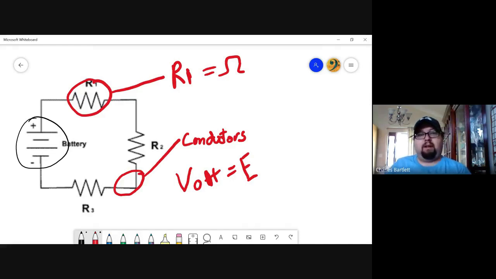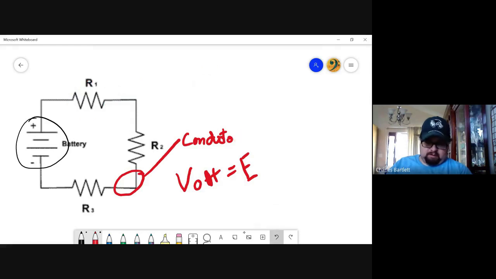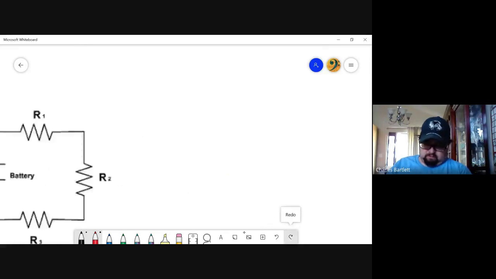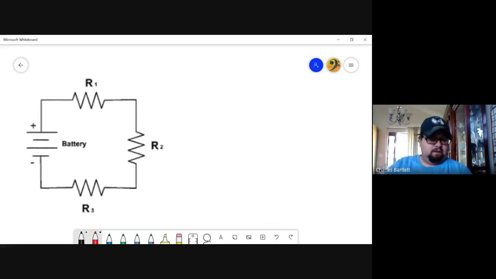Are there any other elements to the circuit? Well, not really elements per se, but there is a defining factor to this circuit. And that is that all the electrons are forced to go through all the resistors.